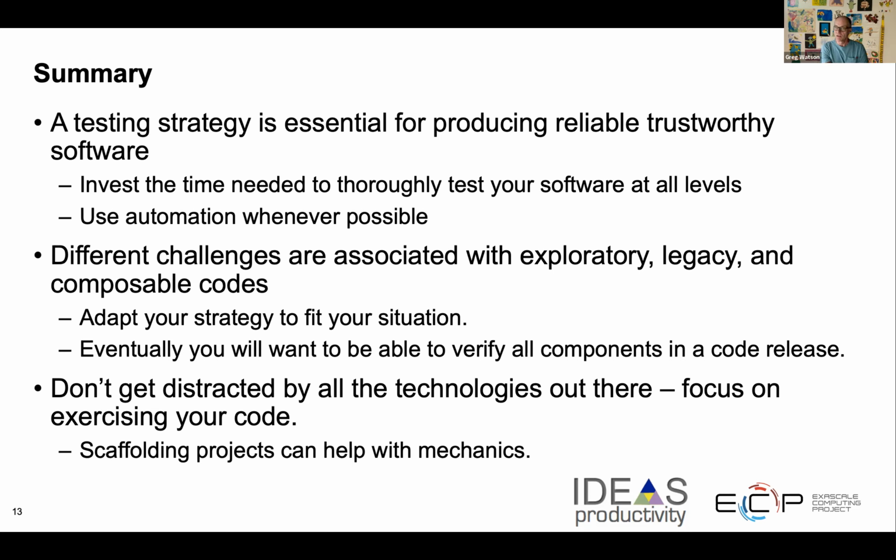There are many different challenges associated with the types of codes that we encounter in scientific software, particularly the exploratory nature of the software, but also there's a lot of legacy software around as well. And so those challenges are something that we need to take on board and figure out solutions to.